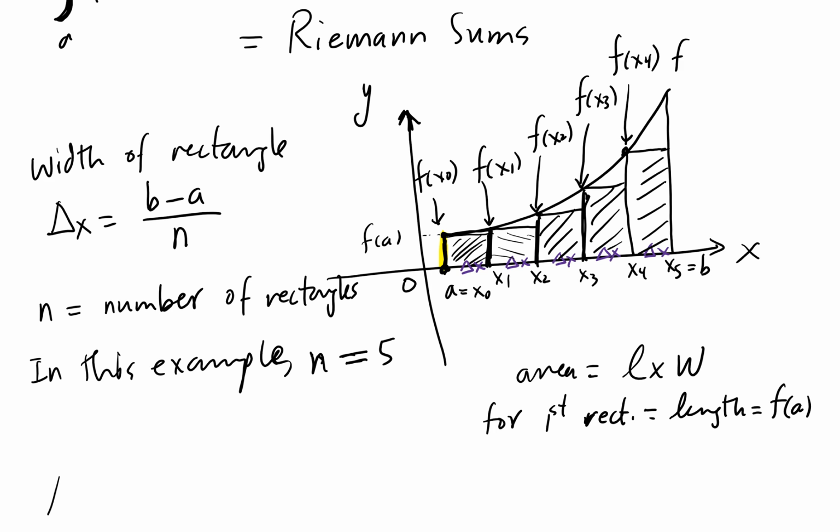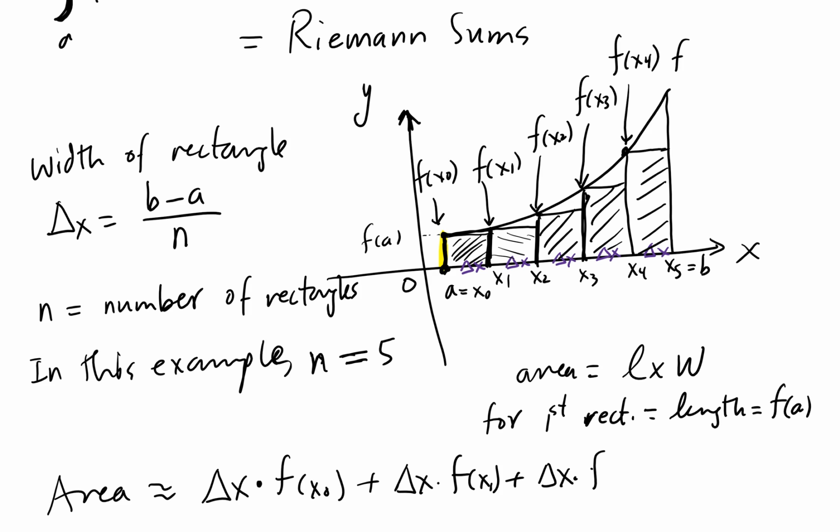So the area here is estimated to be delta x for the first rectangle times f of x0, plus delta x times f of x1, plus delta x times f of x2, plus delta x times f of x3, plus delta x times f of x4.